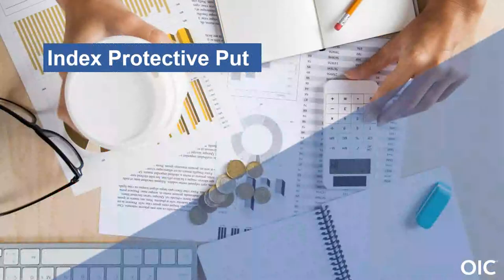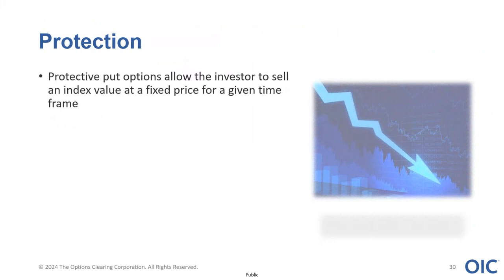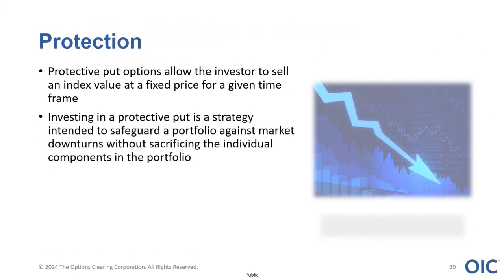Now let's look at how people use these as protective put strategies. In this case, you might want to buy protection on the broader index because you're long lots of things in other places. And investing in protective puts is meant to safeguard some of your portfolio against downturns without sacrificing the components of the portfolio.